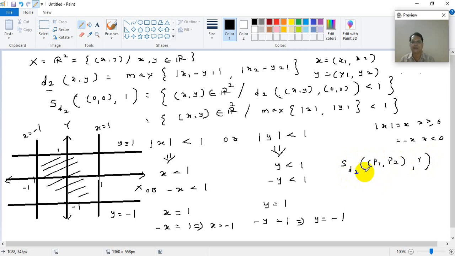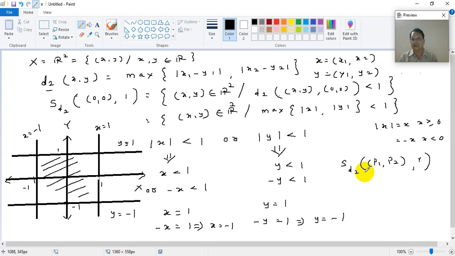What did we understand from this? See, in all three places, when it was the usual distance, S(0,0),1 was a circle with center at origin and radius 1. When it was D1, it was a kite type figure, same center, same radius. And here also in D2, same center and same radius we have taken, 0, 0 and 1. What did we get? Different. It is a square.